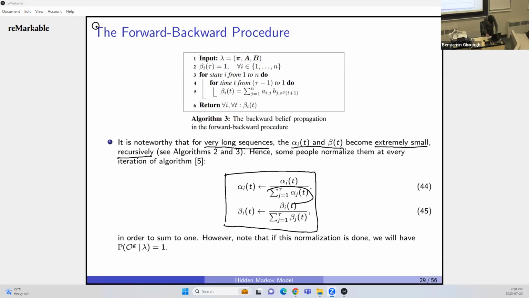So we have this normalization. If we normalize them, they must sum to 1, right? So they sum to 1. However, note that if this normalization is done, the probability of O given lambda will be 1. Okay.